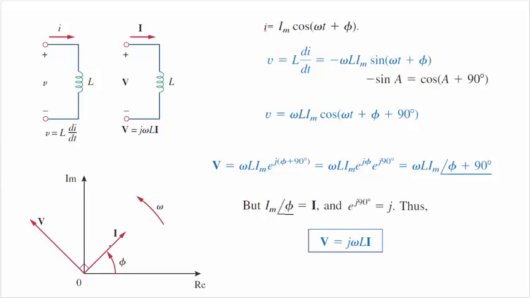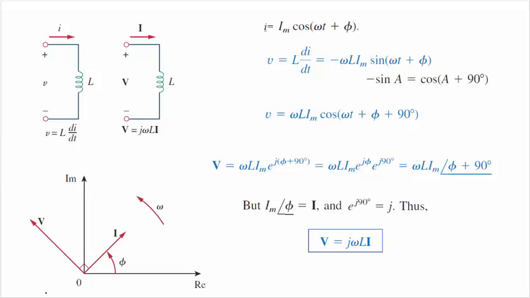Now keep in mind that these vectors, these phasors, are rotating at a rate of omega radians per second. So they are rotating in a counterclockwise orientation. And if you think about that, these vectors are rotating, and we're taking the cosine of it every single time to find the instantaneous value.